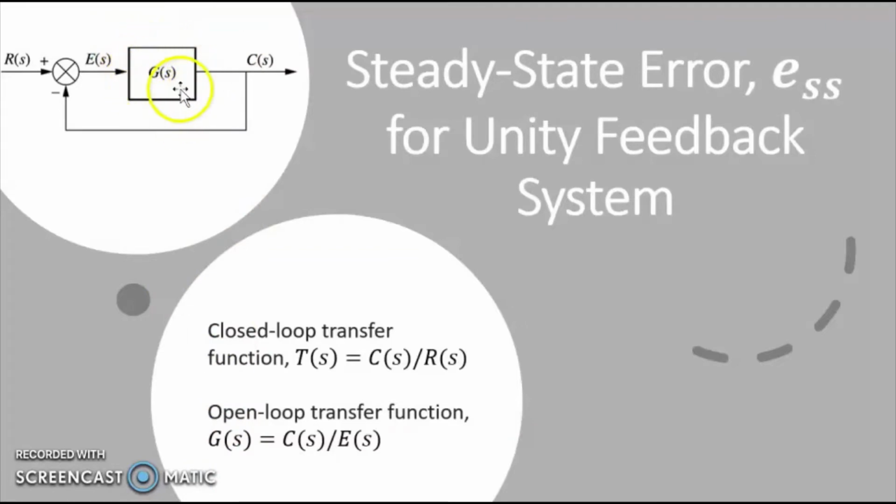This is an example of an open loop transfer function: it is basically the output over the error, C over E. So those are the two ways to calculate the steady state error.